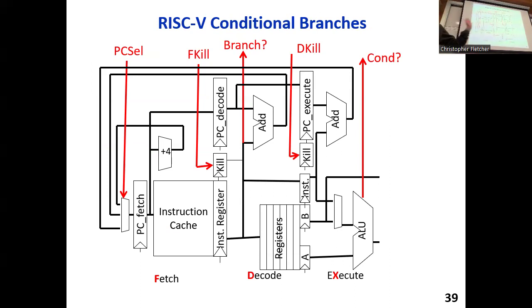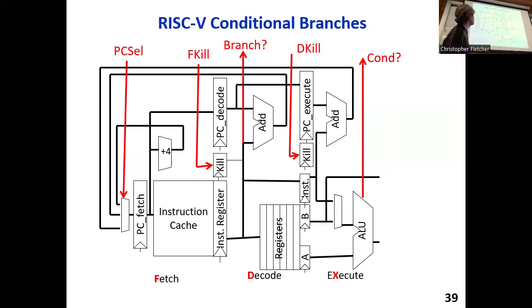So this is just the equivalent slide that we showed earlier for jump instructions, but for control instructions, illustrating what information we need to resolve a conditional branch, when that information is available, and at a high level, the control signals that are needed to redirect the pipeline when we resolve this information.